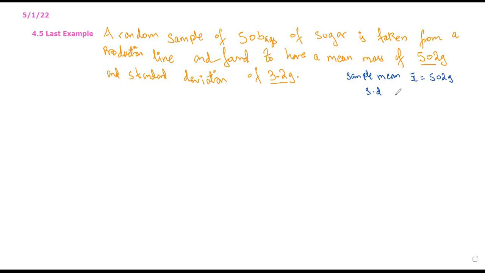How do we write this for the sample? Sigma is for the population, okay? For the sample, it's just a small s. Are you clear with the notation now? Yes. Okay, I'll explain the notation after this example. Just know that the sample mean is 502 and the standard deviation of the sample is 3.2. All right, so we have our data and we are good to go with the first part.